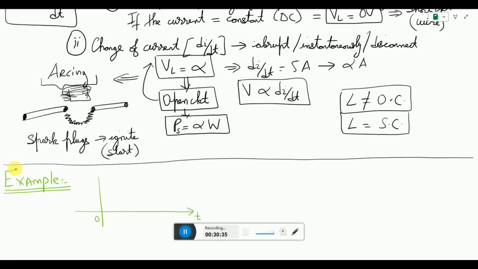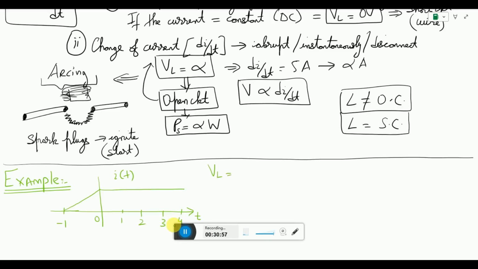This is a scale of 1, 2, 3 and 4, and let us say I take it to -1. So this is the behavior of the current, and after a certain time it becomes constant. This is my I of t on the vertical axis and time is on the horizontal axis. Now I need to find the induced voltage for this given graph.